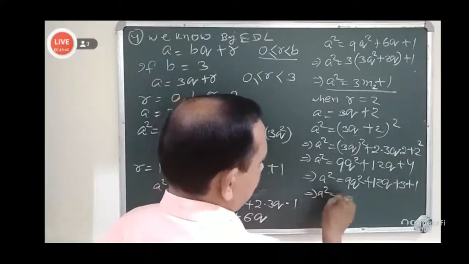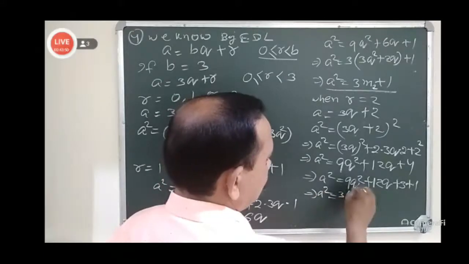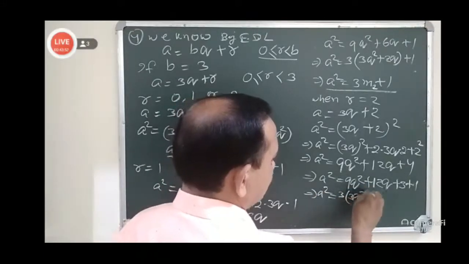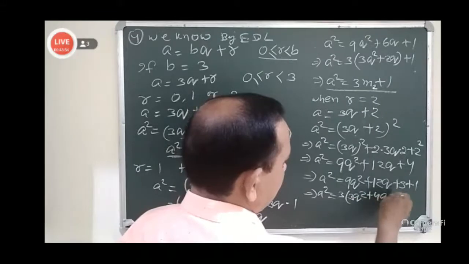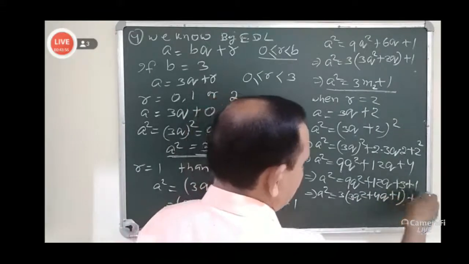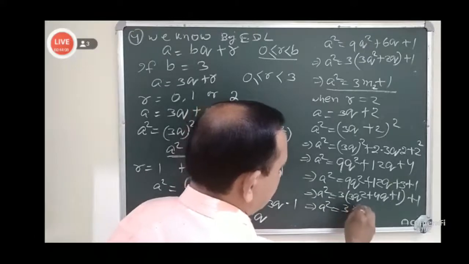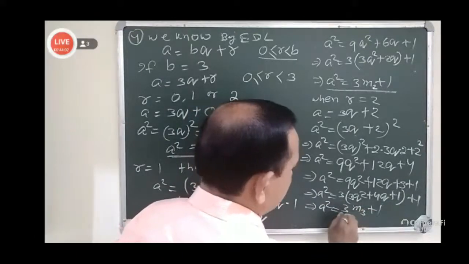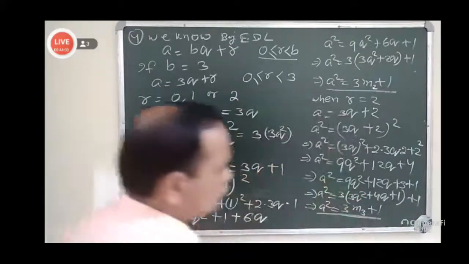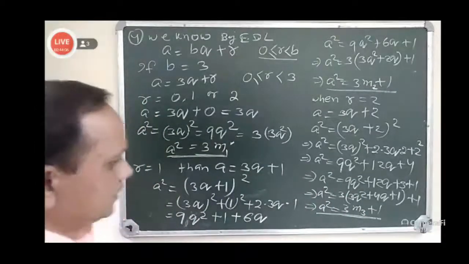This implies a squared equals 3 into (3q squared plus 4q plus 1) plus 1. This implies a squared equals 3m plus 1. Hence proved.